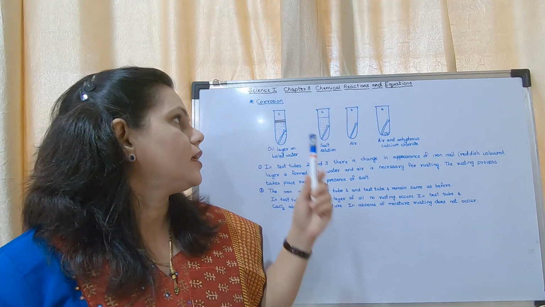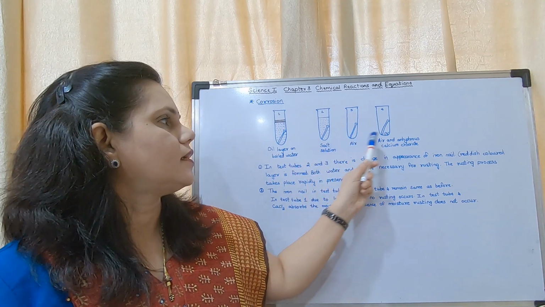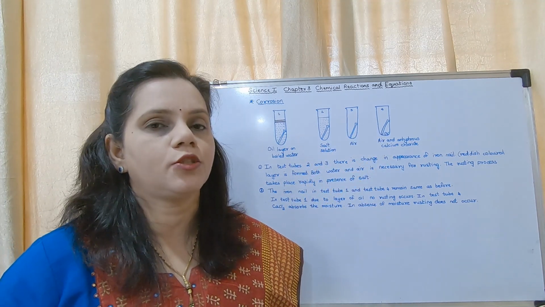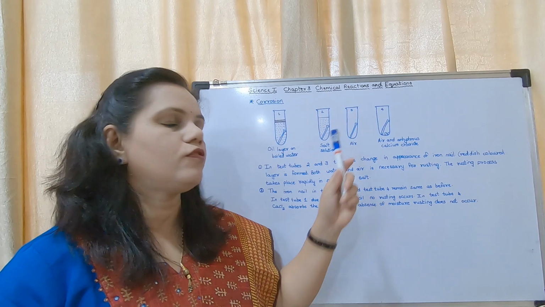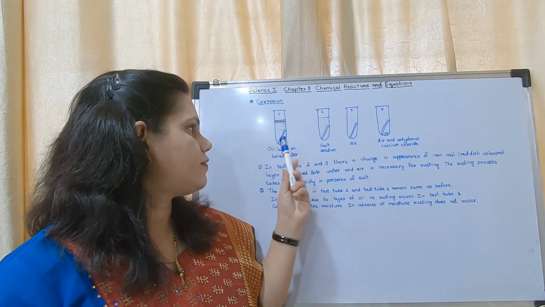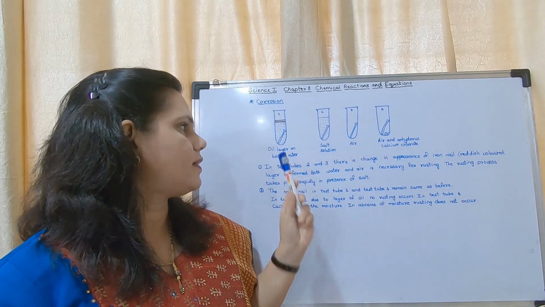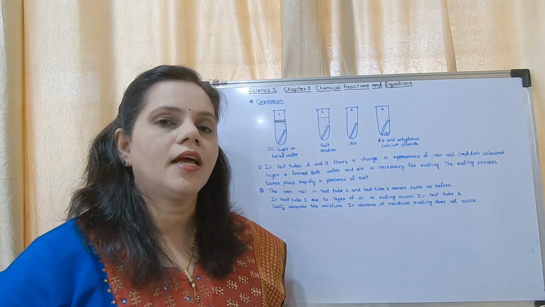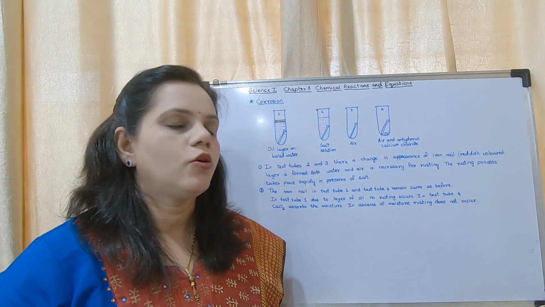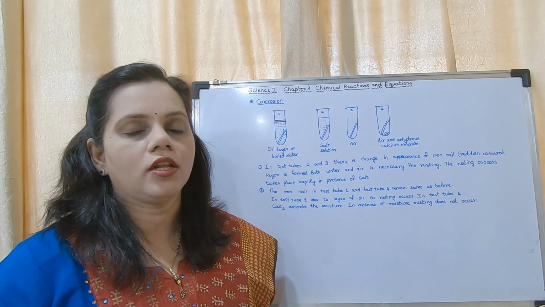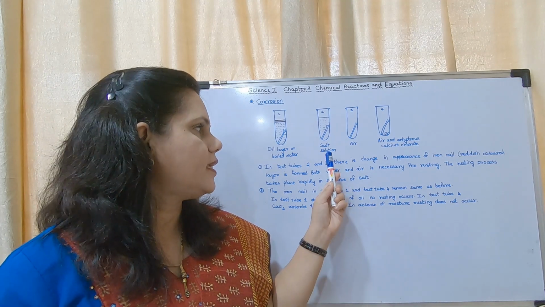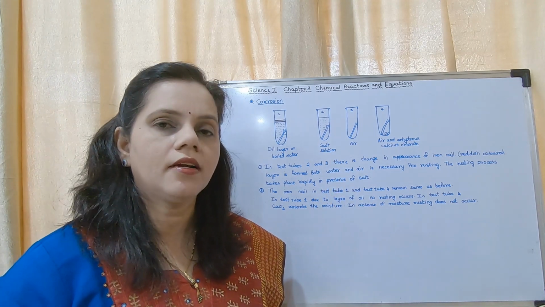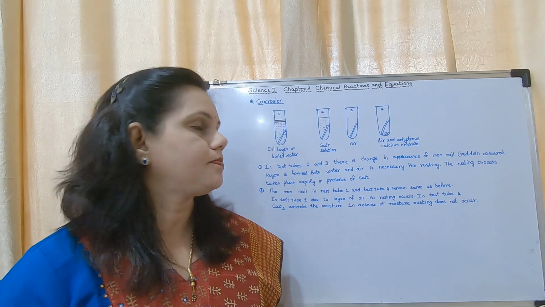Now in the textbook they have given an experiment in which they have taken 4 test tubes. In the first test tube they have taken an iron nail and water with a layer of oil on top. In the second test tube they have taken a nail plus salt solution.